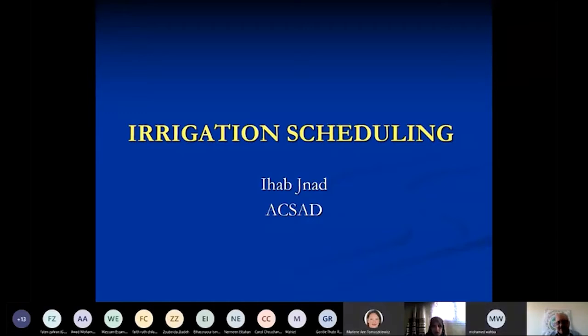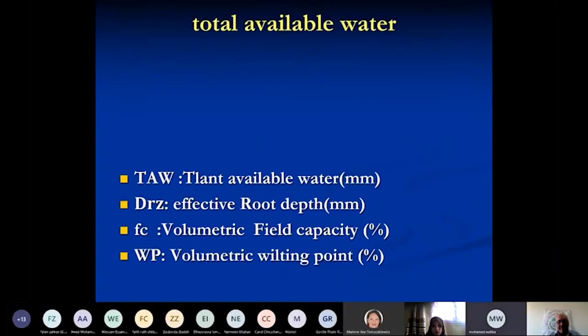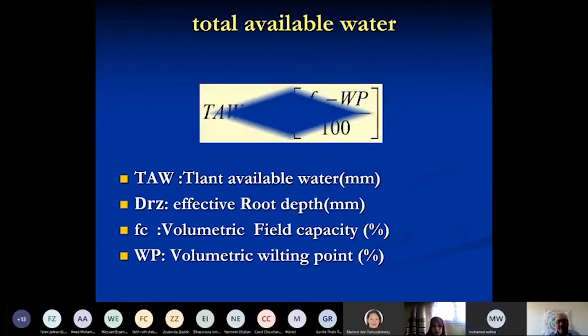So I'm talking about irrigation scheduling in general now. As most of you know, we define total available water in soil, which is the water between wilting point and field capacity.